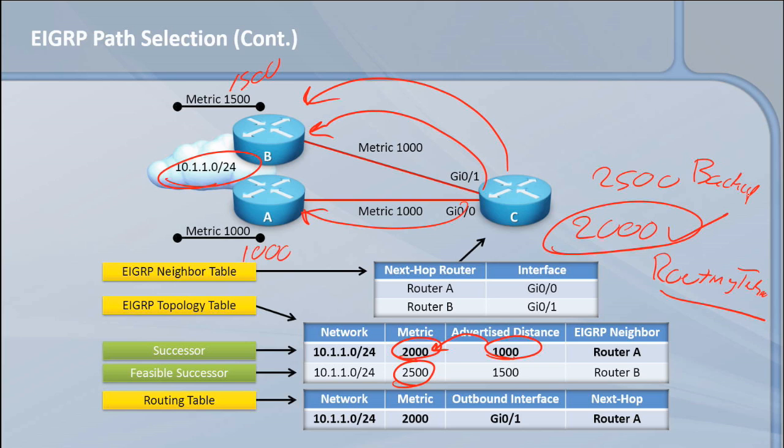I need to be thinking about successors and feasible successors, though. So what happens here is we've got two routes. You've got the successor route, which is our primary, and we've got a feasible successor, which is our secondary or backup. This secondary is going to be stored, and should this ever fail, we can move over to the feasible successor right away. This is why when they say, how fast does OSPF converge?